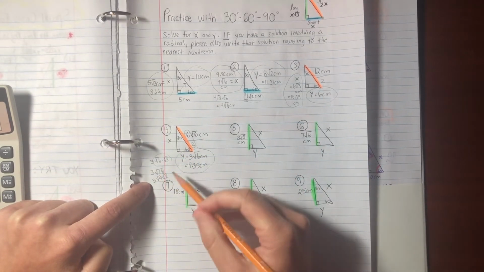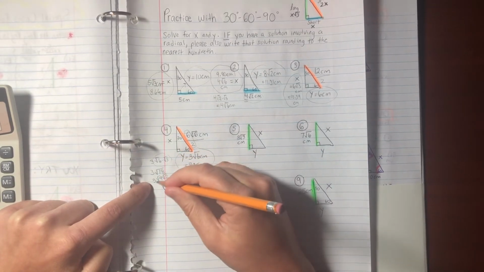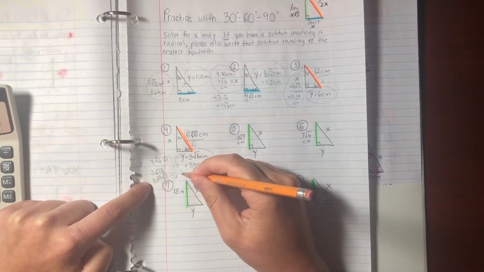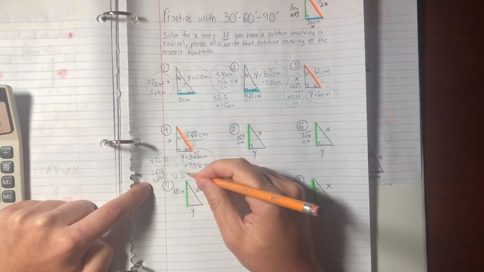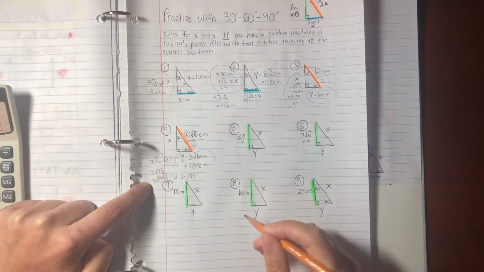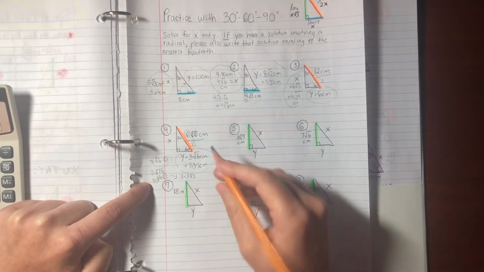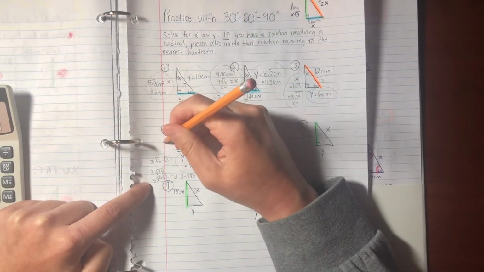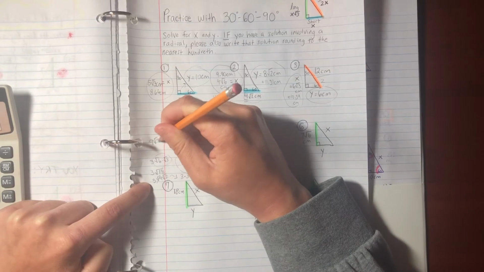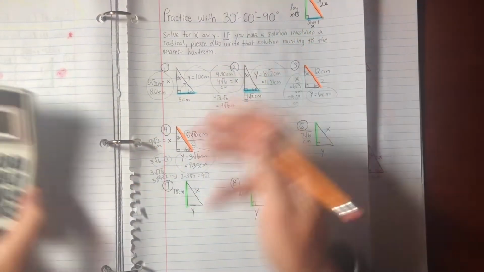I know the square root of 9 is just going to give me a 3. So let me carry on my work over here. So I'm going to have 3 times, that square root of 9 gave me a whole number of 3, followed by root 2. 3 times 3 is going to give me 9, and then I'm left over with a root 2. So x is going to be 9 root 2 centimeters.